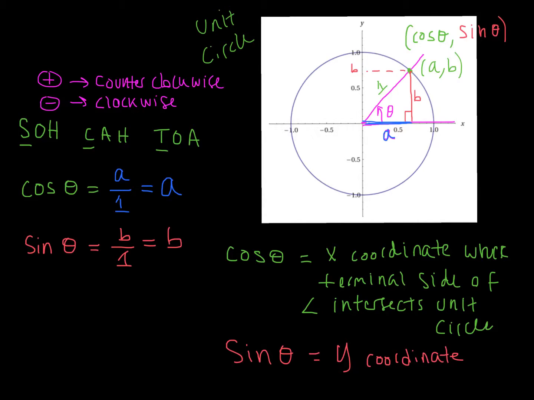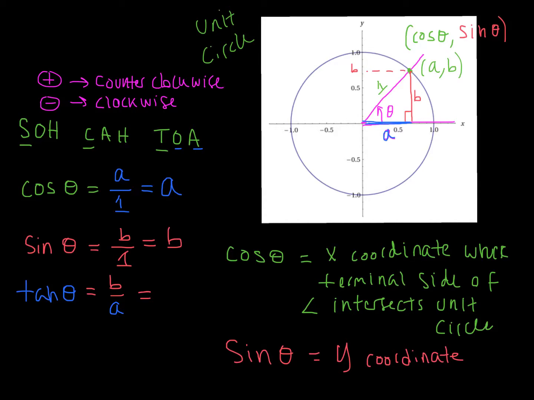And so what does that make tangent? Well, tangent of theta is the opposite over the adjacent. Well, the opposite is b, and the adjacent side is a. So I have b over a, and think about what that is equivalent to.